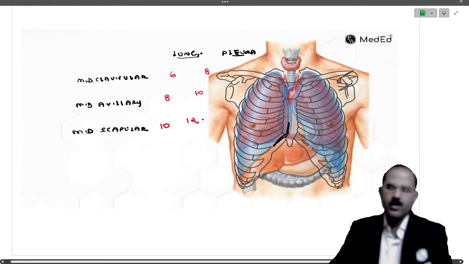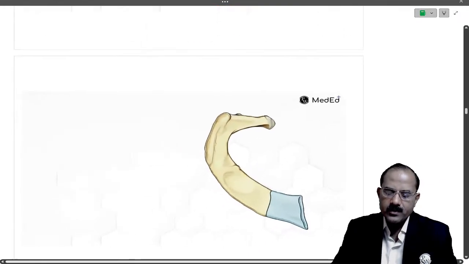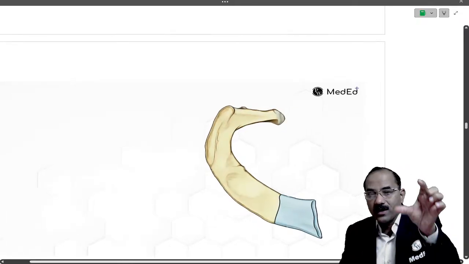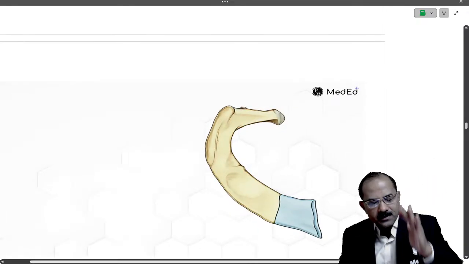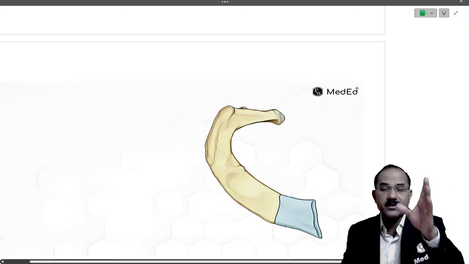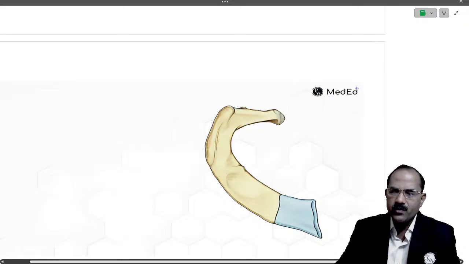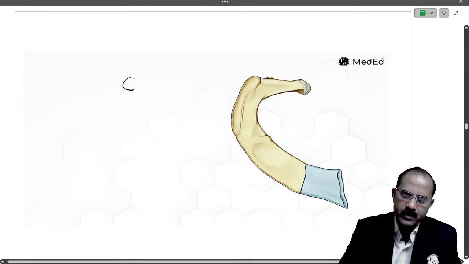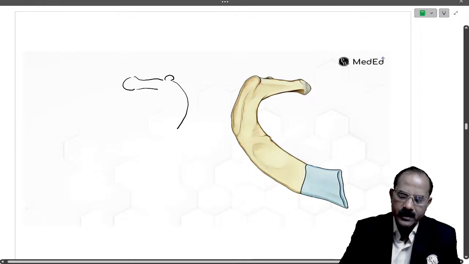Fine? Okay. Now, students, this first rib is very commonly asked in the vivas. You get MCQs on the first rib. If I draw a first rib for you, this is the head of the rib, that's the neck of the rib, that's the tubercle of the rib, and that's the shaft of the rib.